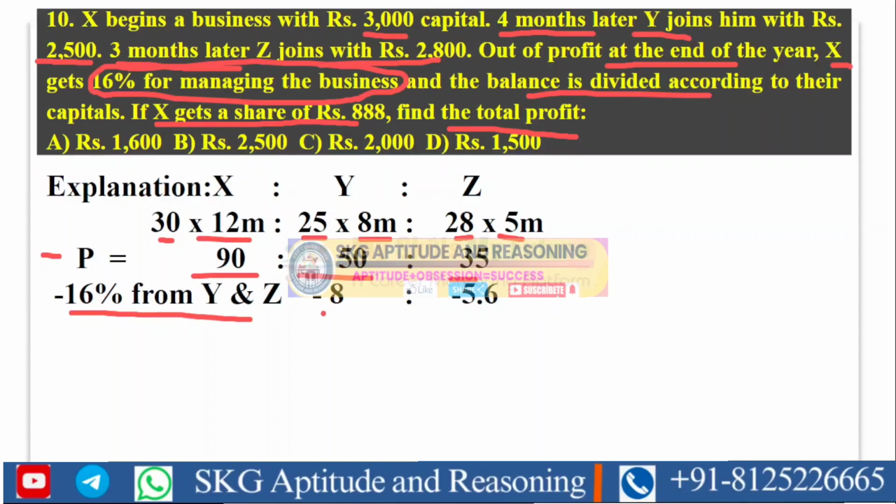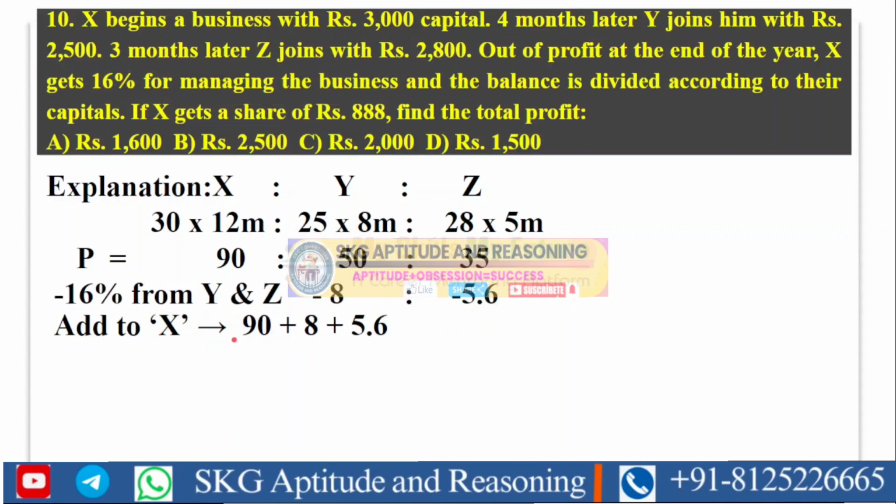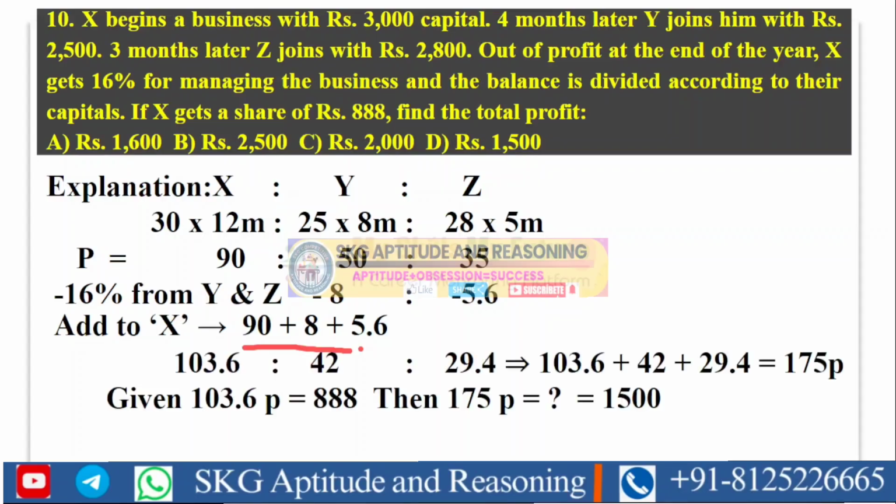It is 8, and 16 percent of 35 is 5.6. The amount we took from Y and Z has to be added to X. So X will be 90 plus 8 plus 5.6. Now X has 103.6 parts, Y has 42 parts, and Z has 29.4 parts.